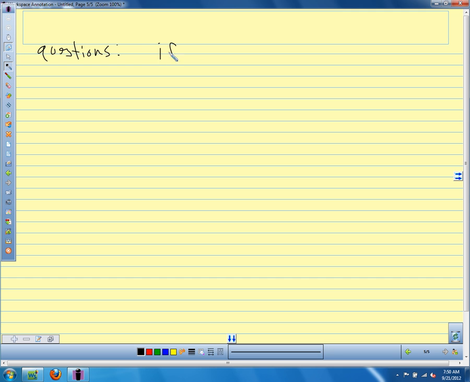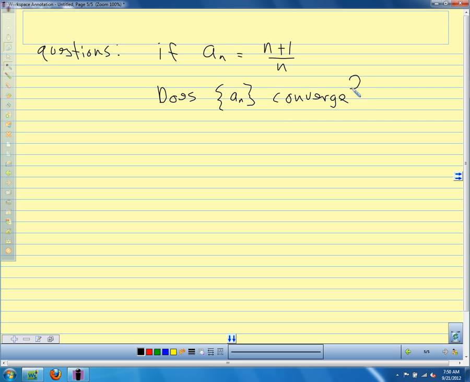If a sub n equals n plus 1 over n, my question is, does the sequence a sub n converge? So let's think about it for a second.